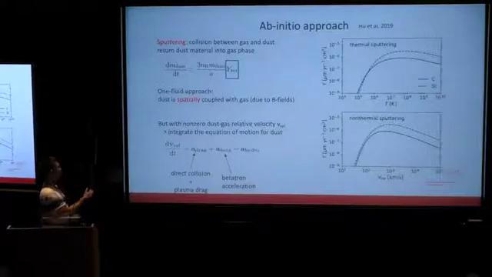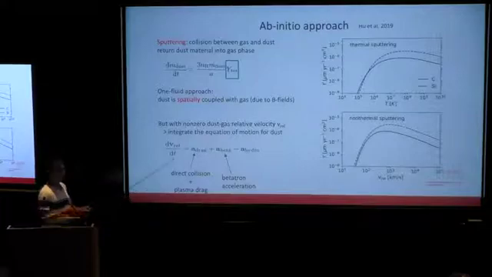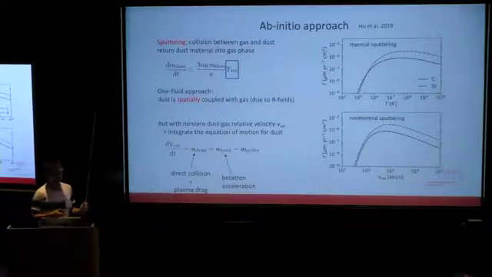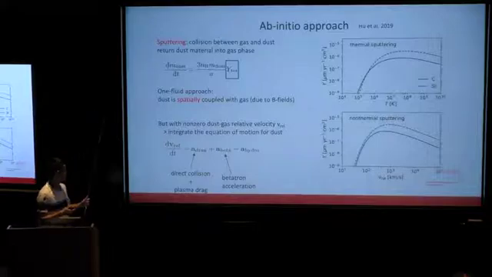So we integrate the equation of motion of dust, the relative velocity between dust and gas. The drag force includes the direct collision between dust and gas, but also the so-called plasma drag. This is when your gas is partially or fully ionized, you have this Coulomb interaction between dust and gas.